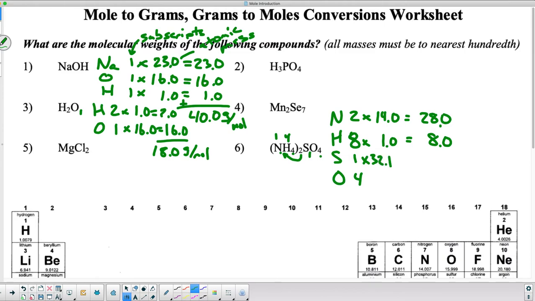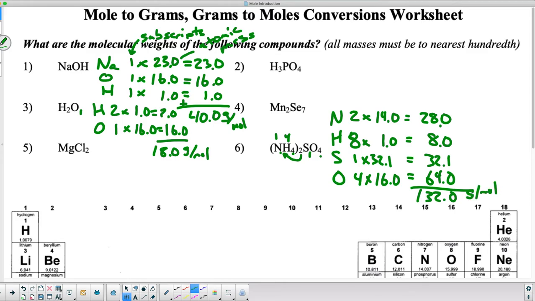I round it off to the hundreds place, excuse me. So 1 times 32.1 is 32.1, and 16 times 4 is 64. And then I add all of those up. I get 40, 68, and 64 is 132.0, and that is grams per mole.